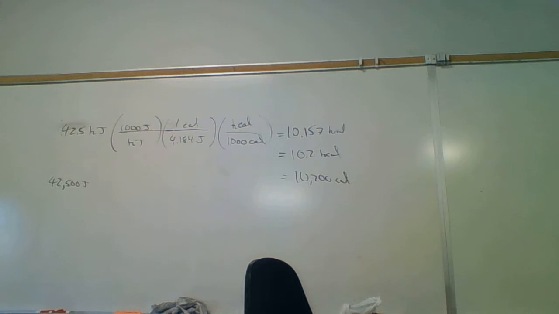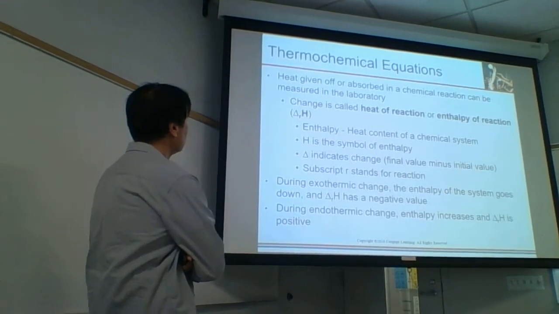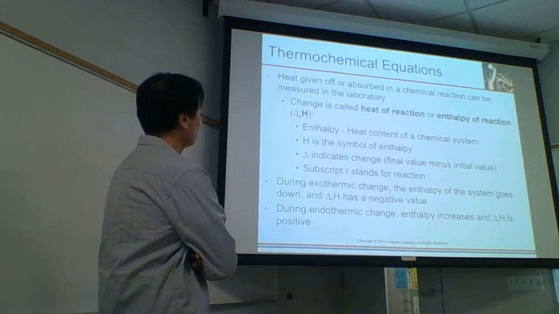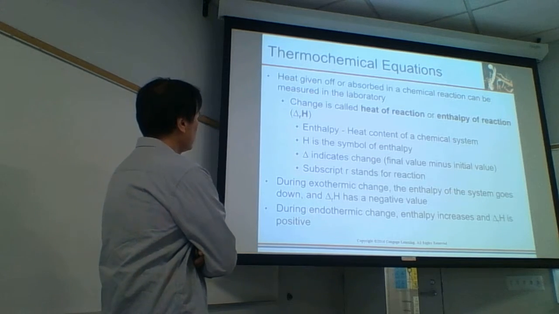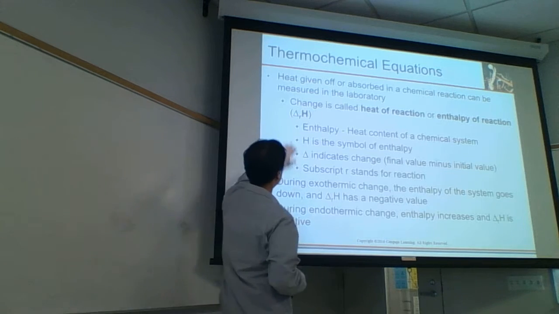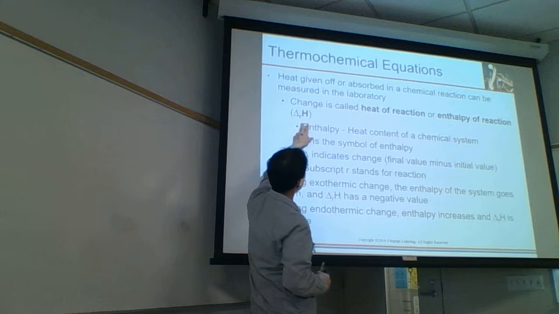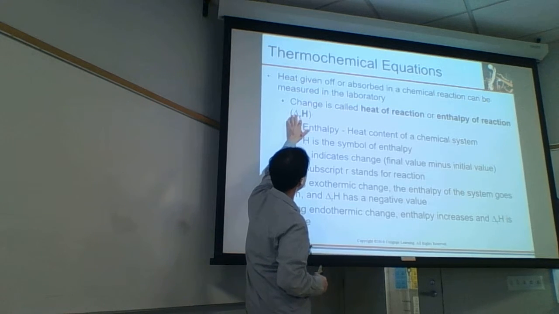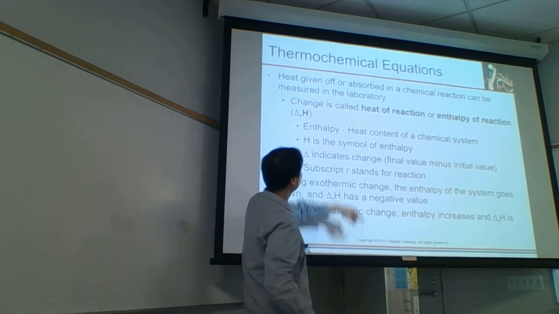All right, now there's going to be energy involved in chemical reactions, the thermochemical equations. We have something called delta H, delta sub r H. This is the heat of reaction or the enthalpy of reaction. So H is called the enthalpy. This is the change in enthalpy. Enthalpy is the heat content of a chemical system.